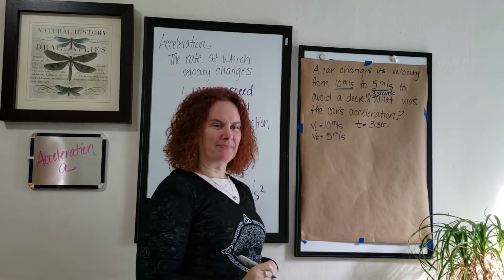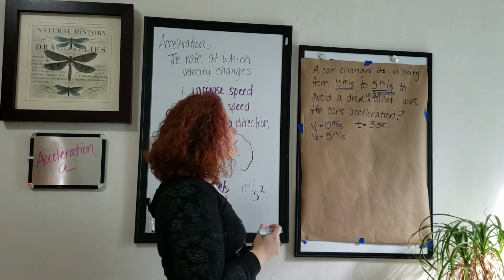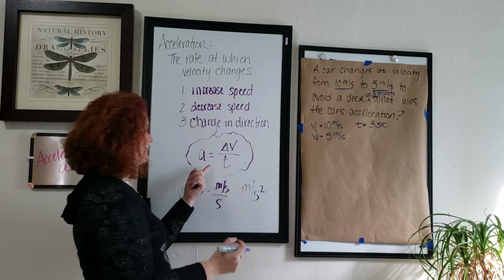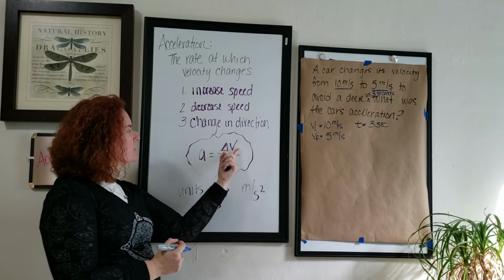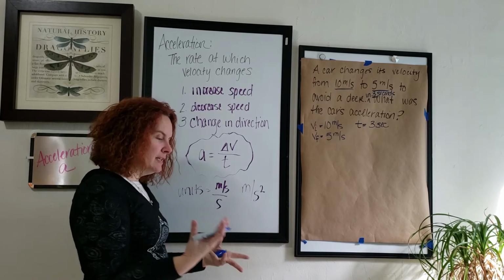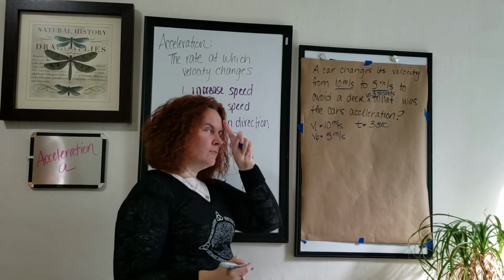Okay? Now we can actually do the problem. So back here, here's our equation. Acceleration equals delta v over t. Now remember last time I told you that when you take these kind of tests, they like to make you have to do 2 things at once.